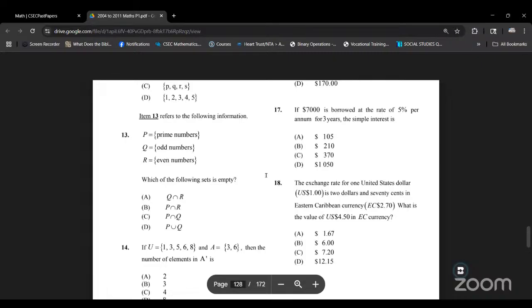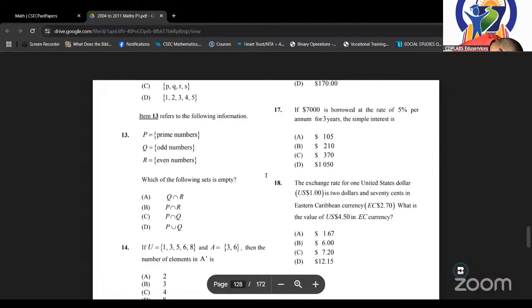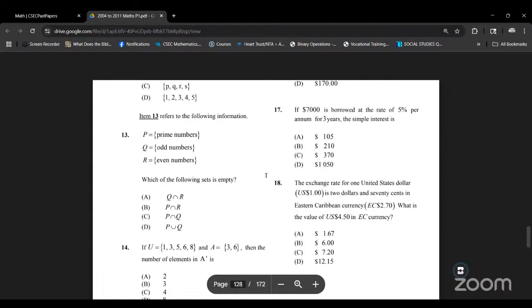When they combine. No, because you can have union of sets combining too. Try again. Try again and tell me. So then share.